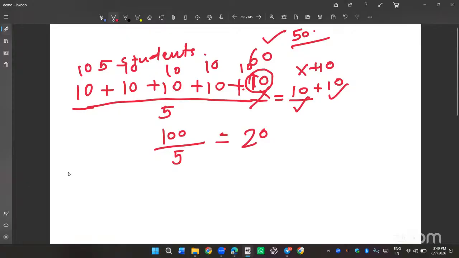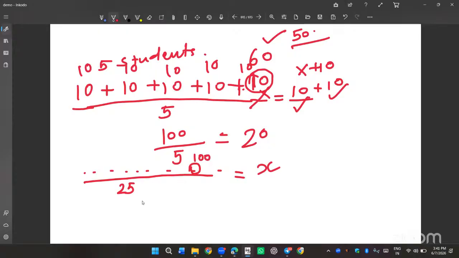Similarly, here what happened? 25 students, their marks divided by 25. Marks of 25 students divided by number of students is equal to X average. But one student's mark was mentioned as 0. I rectified that mark to 100.